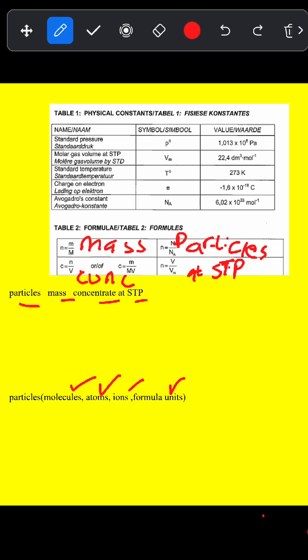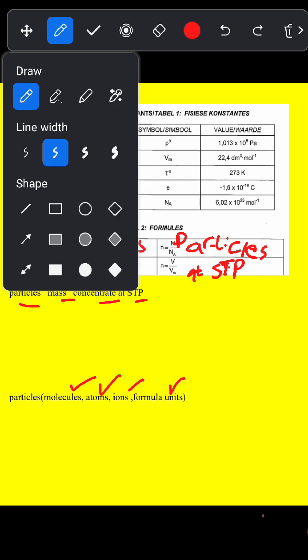If they say STP, it means you're going to use the STP formula. When the question talks about number of particles, that formula applies, but before that, make sure that you calculate number of moles.